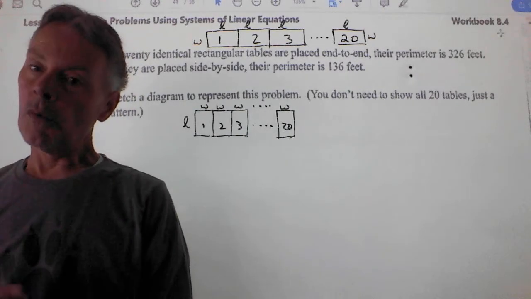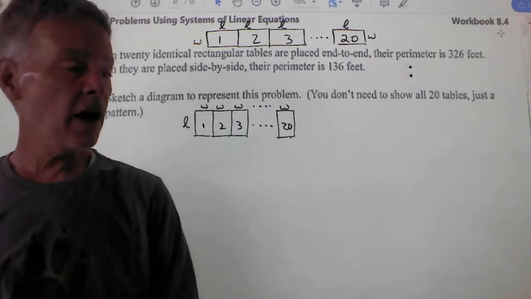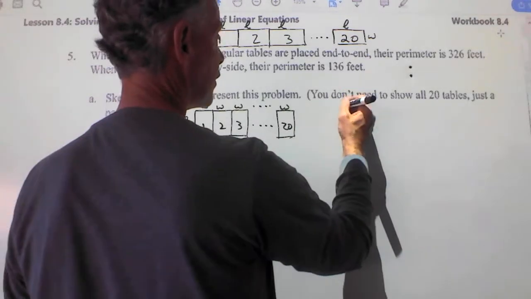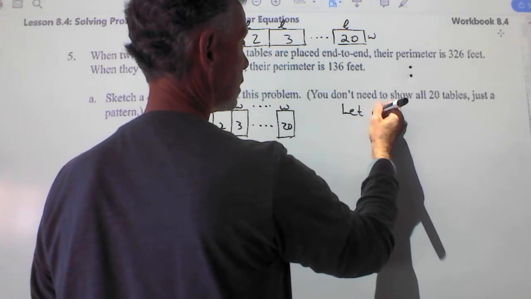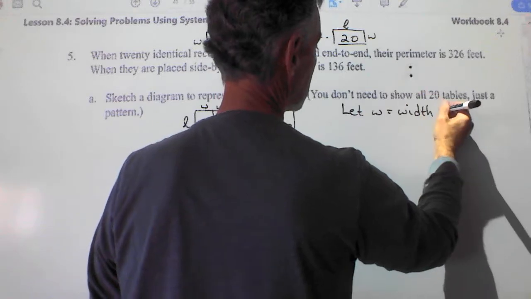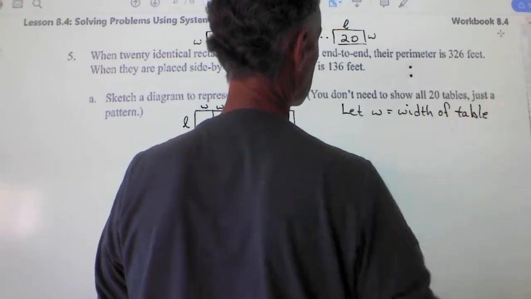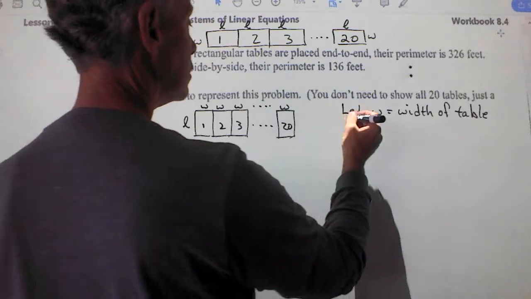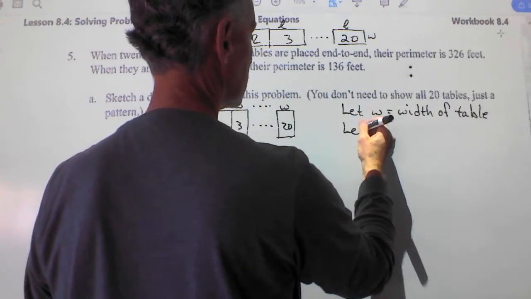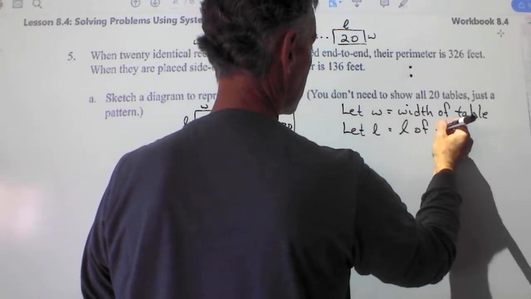So, what are your unknowns? Should be fairly obvious from the diagram. Our unknowns are the width of the table, and the length of the table.